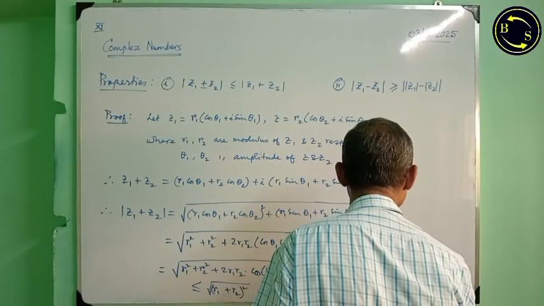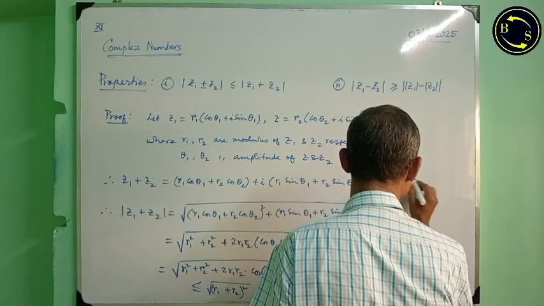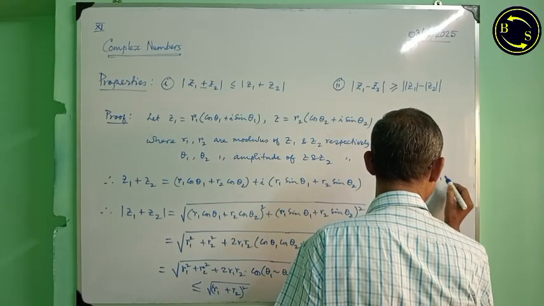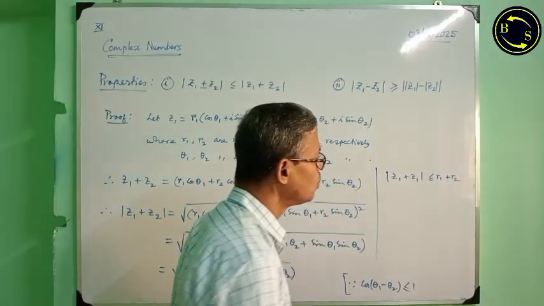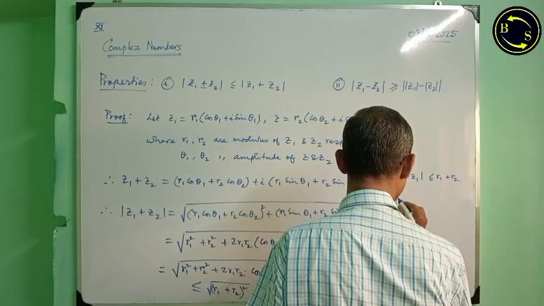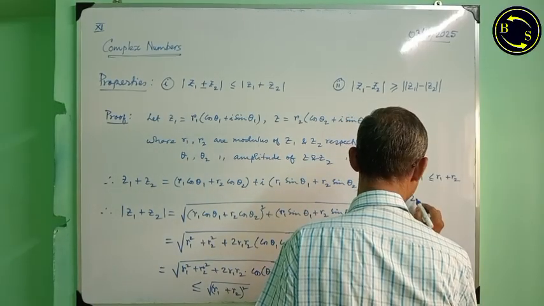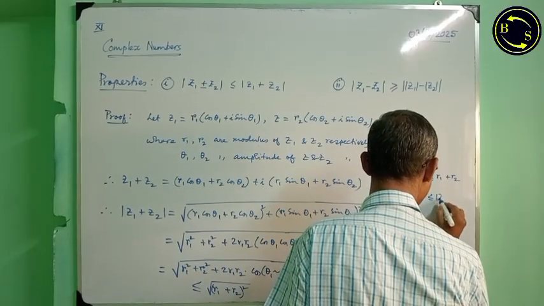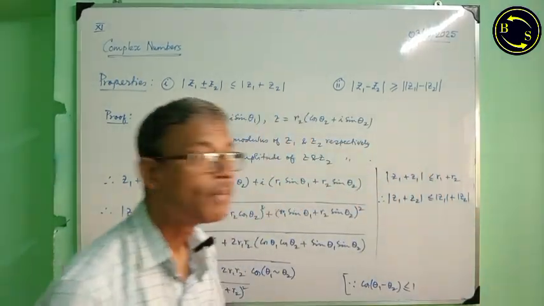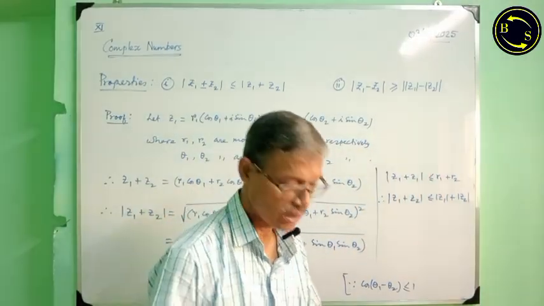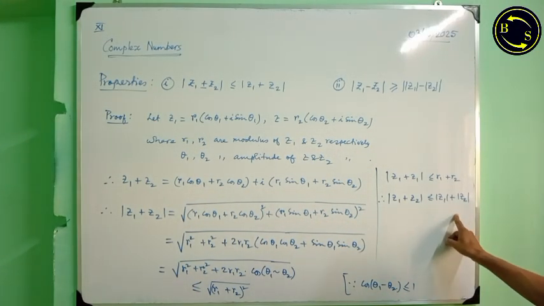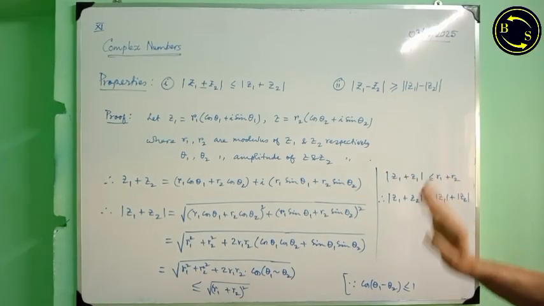Therefore I can say the modulus of z1 plus z2 is less than or equal to r1 plus r2, and r1, r2 I have already mentioned, therefore mod of z1 plus z2 is less than or equal to mod of z1 plus mod of z2. Therefore, we have proved the first property.